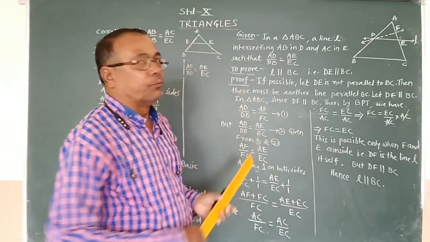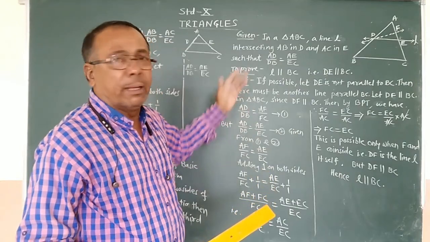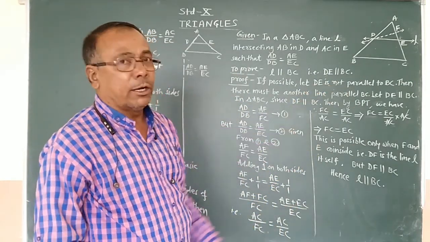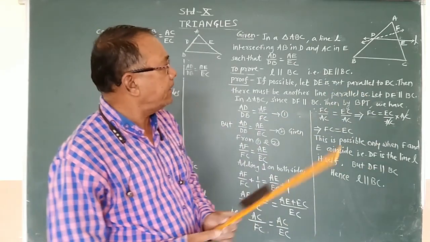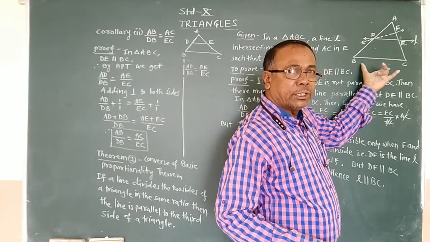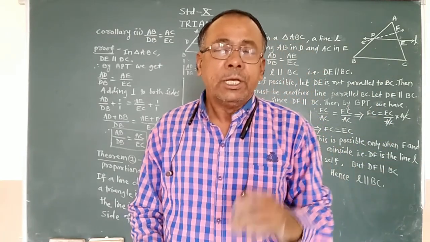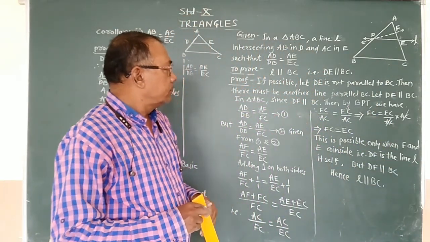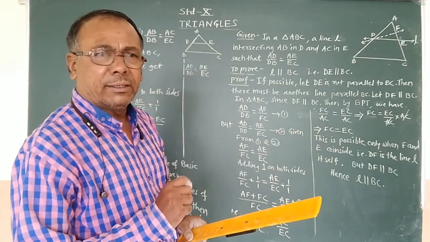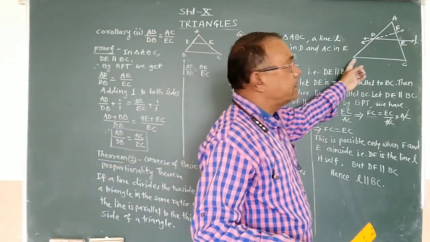And now the proof. Here, if possible, let DE is not parallel to BC. It is supposed that this DE is not parallel to BC, so there must be another line which is parallel to BC.